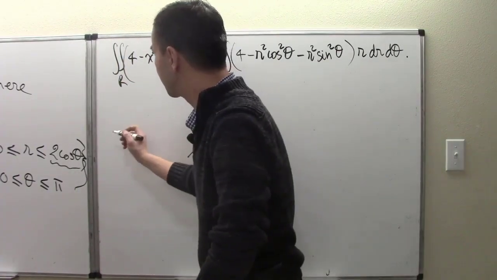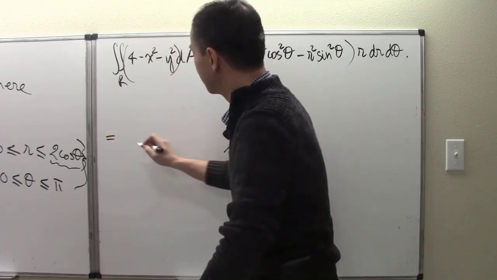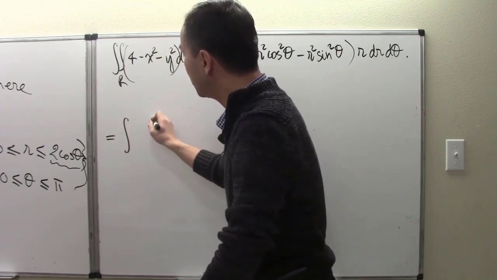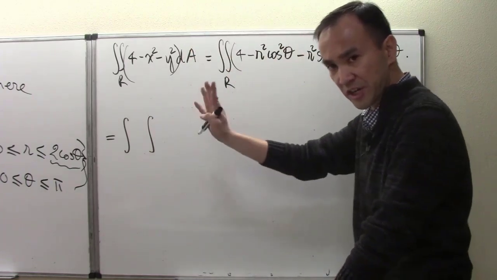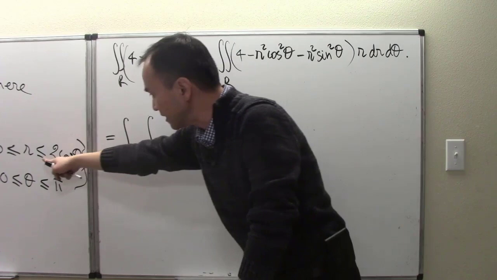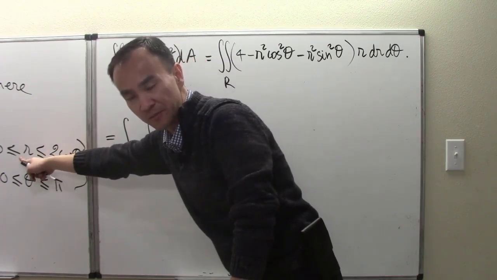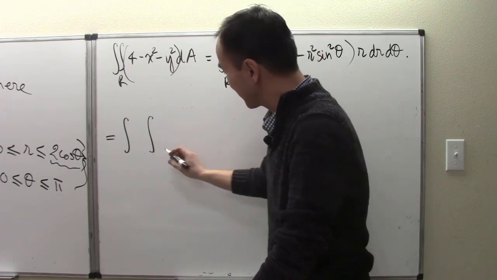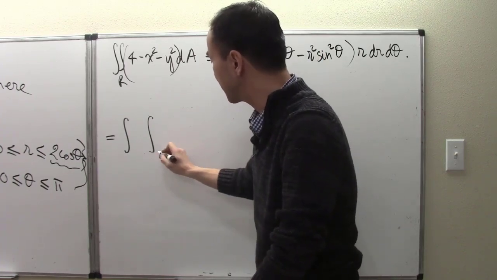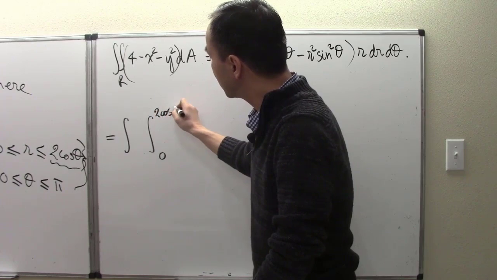The only iterated integral that we can use this time: the region was described previously, r is changing from some lower function to some higher function. So we have to integrate with respect to r first. So r here, the bottom point, is from 0 to 2 cosine theta.